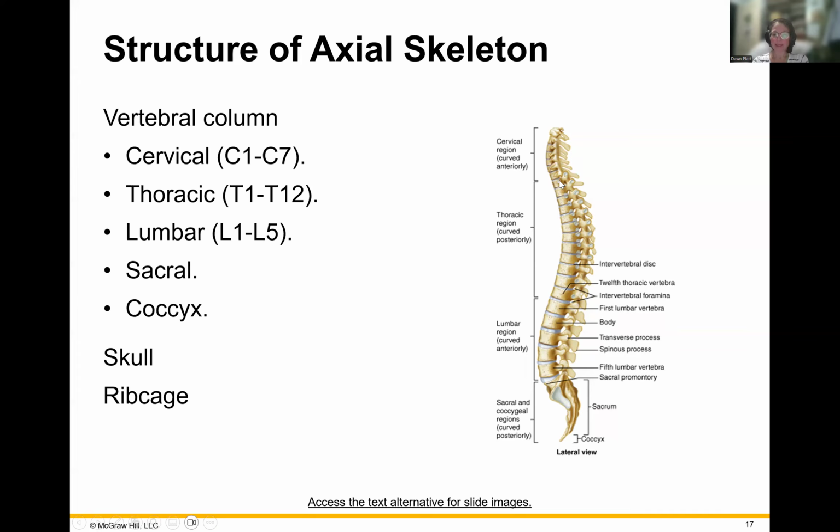Our thoracic is our chest area. That's the biggest section of our spine, with vertebrae T1 through T12. Lower down in the low back area, we have our lumbar spine, L1 through L5. Just below that, we have our sacrum. And below that, very small, you have your coccyx.